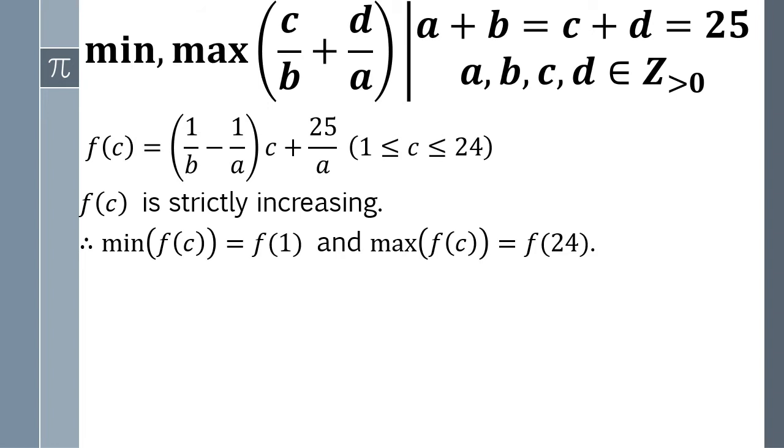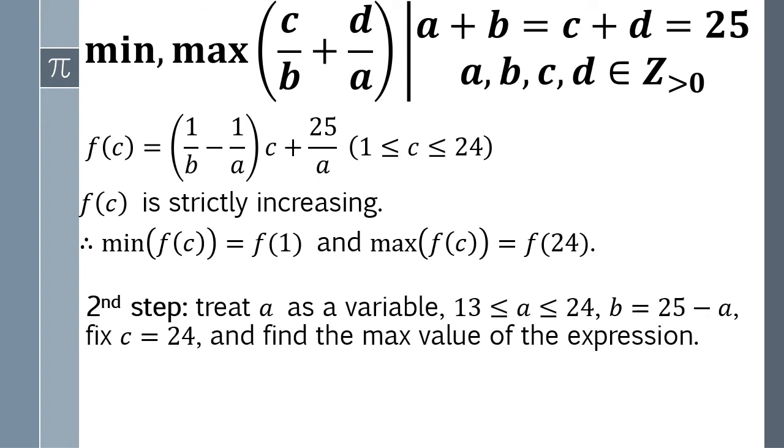So, in this step, we have found the value of C when the entire expression reaches its min and max. The next step is to find the value of A when the entire expression reaches its min and max. I'll work on the max first. Step number 2.